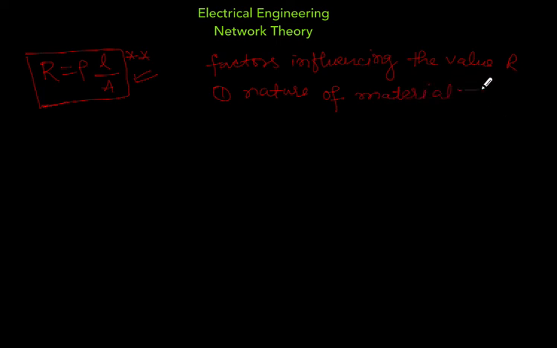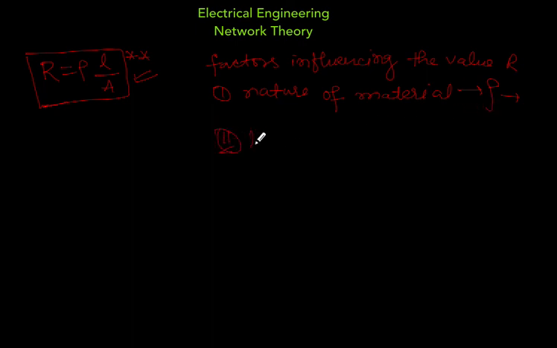We have already seen that resistivity rho will reflect the type of material being used, that is whether the material is conductor, insulator or a semiconductor.